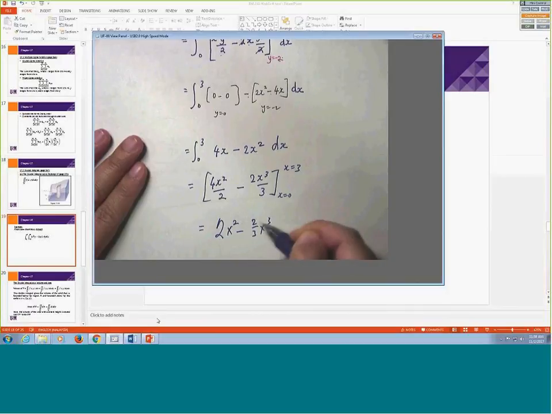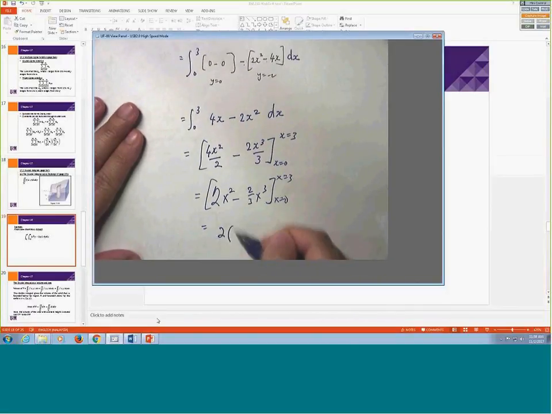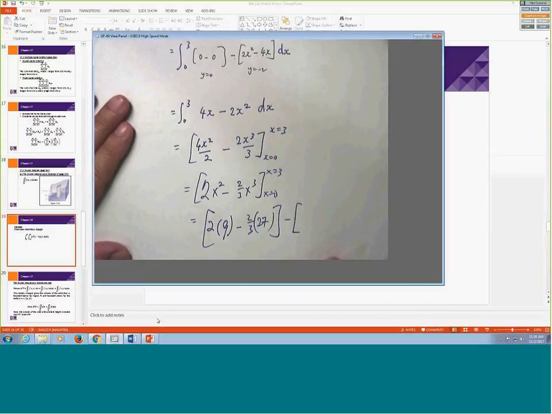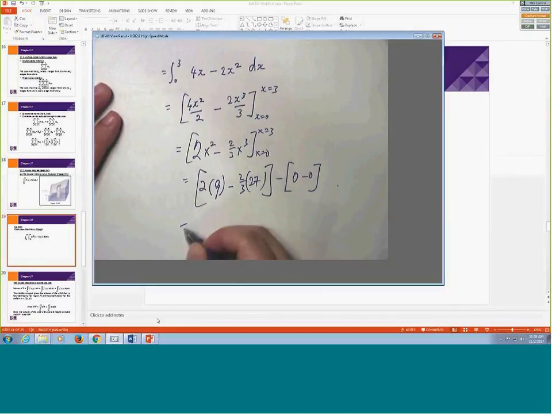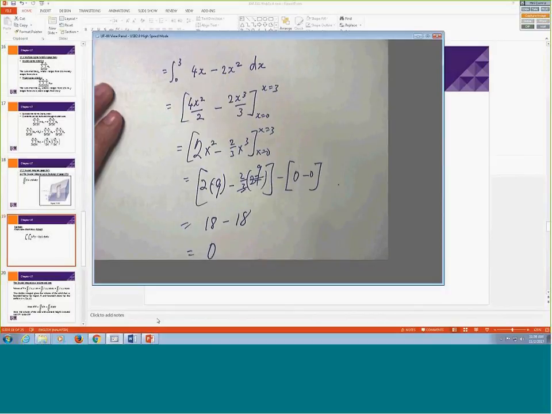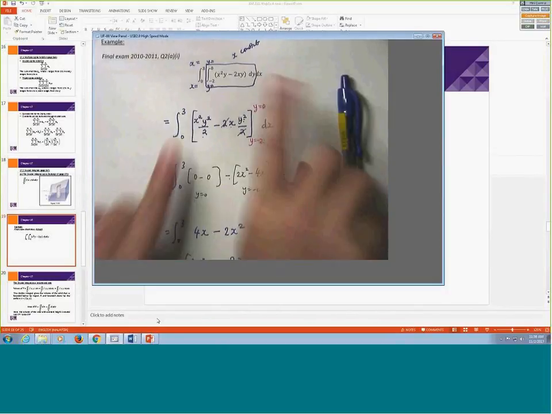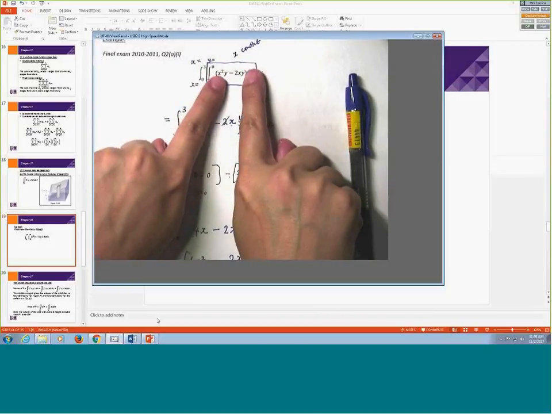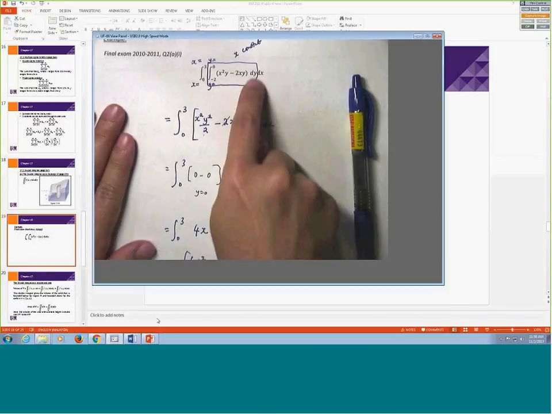Substitute the values: you get 2 times 9, minus 2 over 3 times 27, minus substituting x equals 0, which gives 0. So 18 minus 18, you get the answer 0. Remember we do the inside first, but the outside you should remain and write it. This is dy, for y; dx is the value for x.